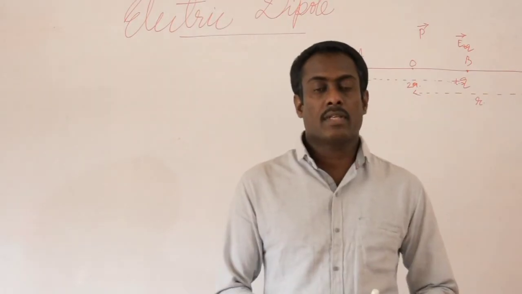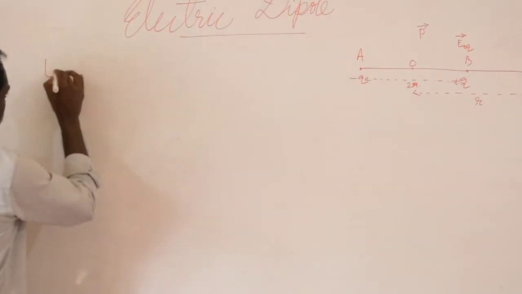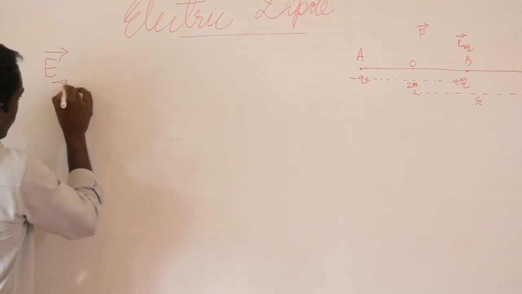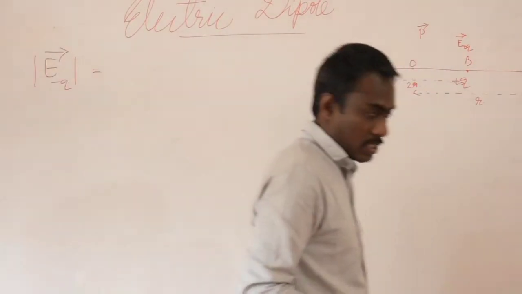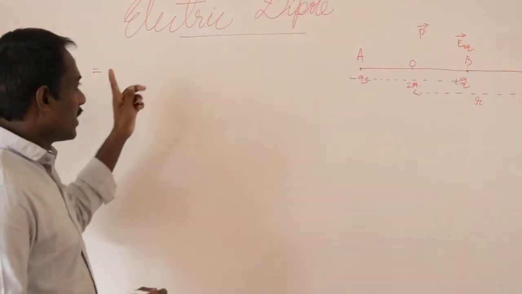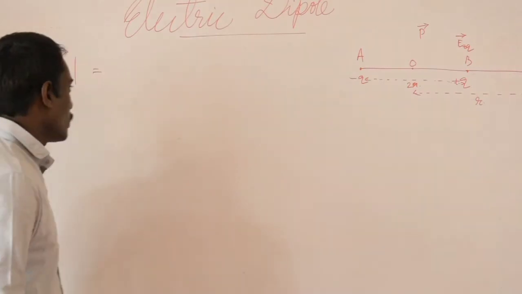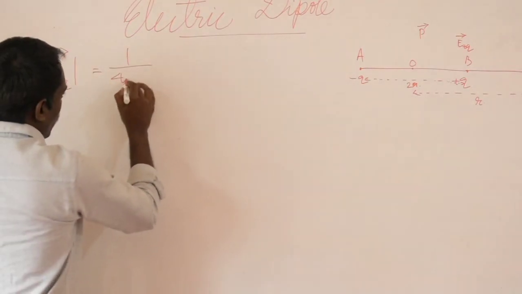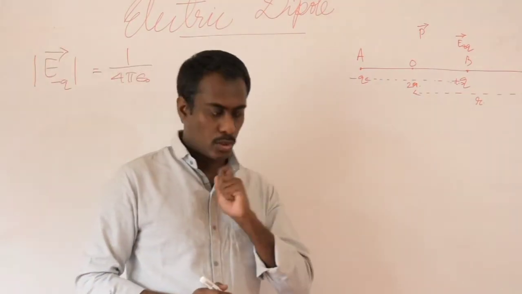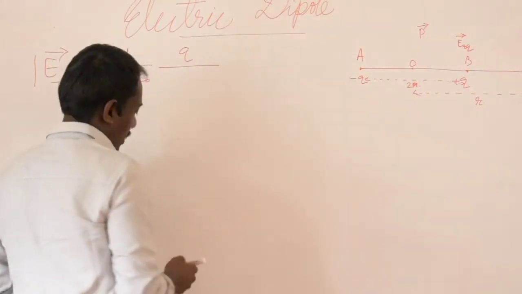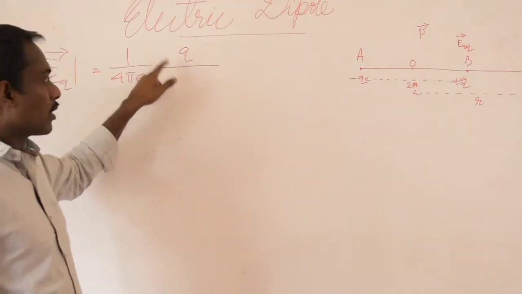The magnitude of the electric field produced by the negative charge, E minus Q, is found using Coulomb's law: 1 by 4 pi epsilon 0 into the charge Q, divided by the square of the distance between them.